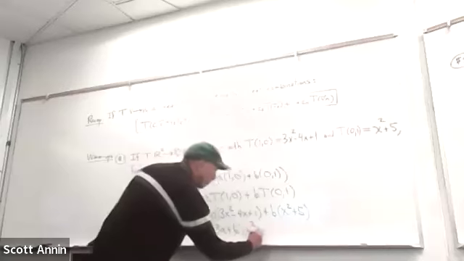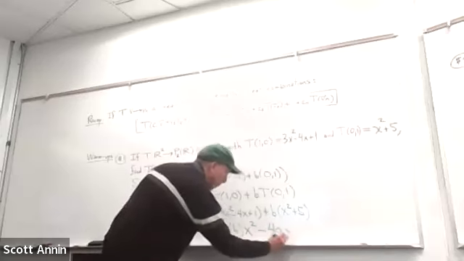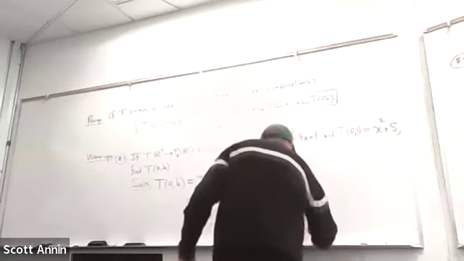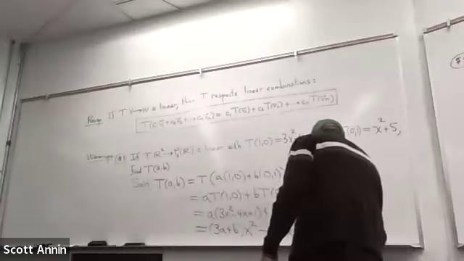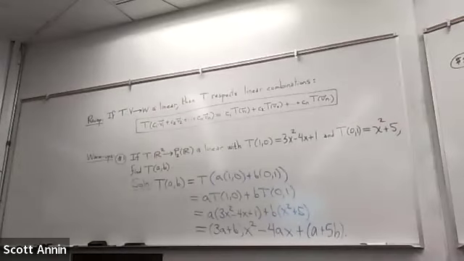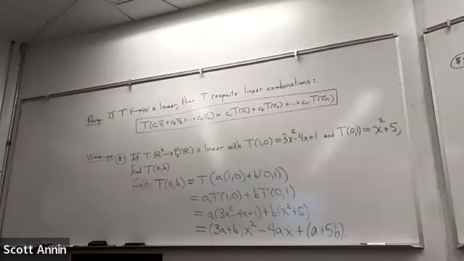Then the x term would be minus 4ax. And then the constant term would be a plus 5b. This would be writing the polynomial in a more standard form, right? So something times x squared, something times x, and then the constant term.